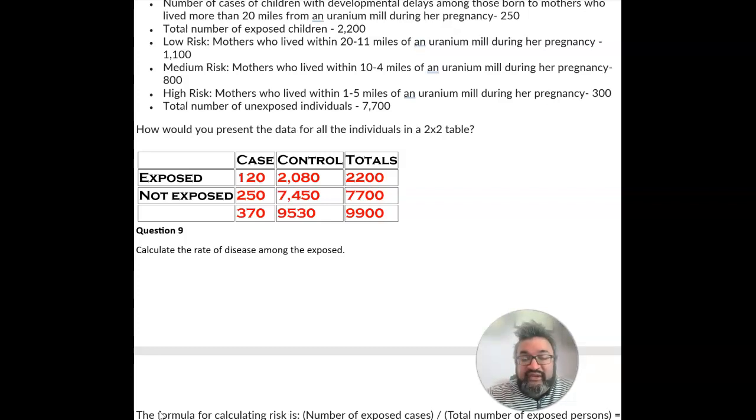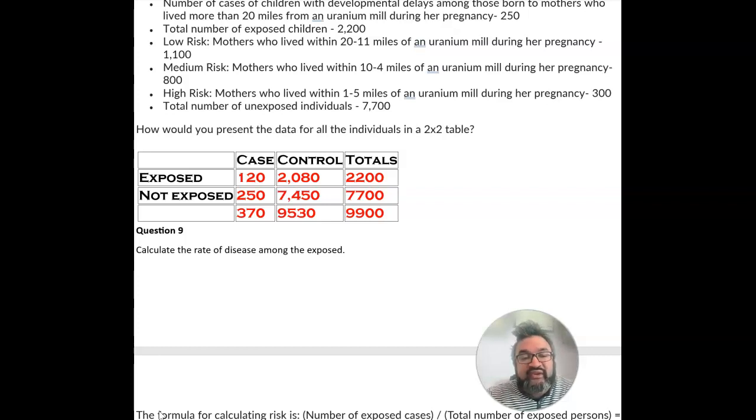So the formal definition of relative risk is the ratio of the probability of an event occurring with exposure versus the probability of the event occurring without exposure. Let's do the with exposure first.